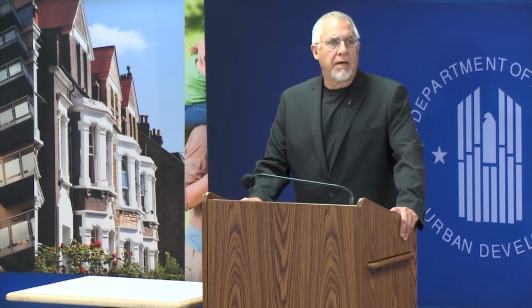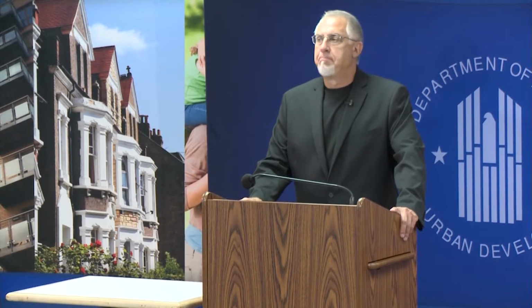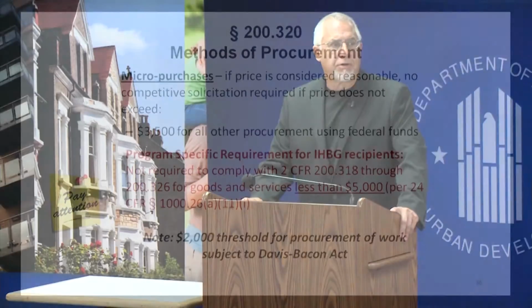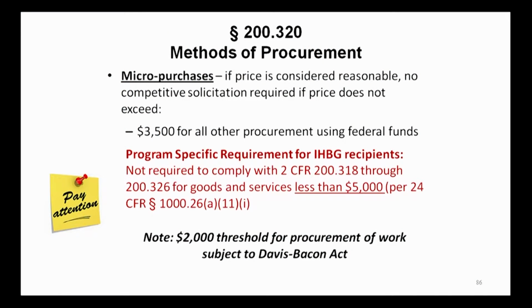Okay, let's go on now and get started looking at the methods of procurement. And you're going to find the methods of procurement under 200.320, starting with micro purchases. And micro purchases allows you to proceed with a very simple process to procure materials, but there is a low limit for making procurements of that type.